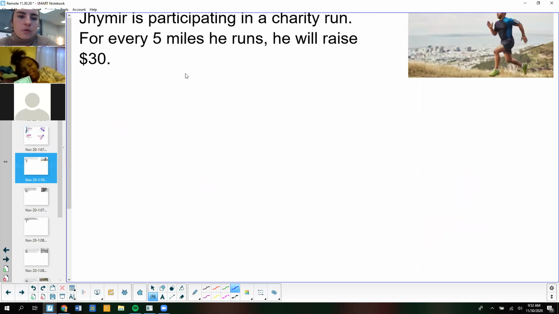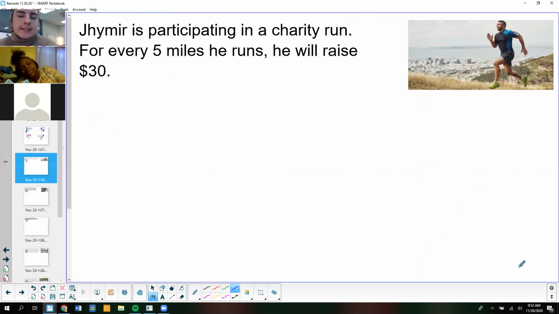All right, so I wanted to talk about real world applications. One of my favorite things to talk about in math is real world applications. So this says Jameer is participating in a charity run. I don't know if you guys have ever run a 5K before. For every 5 miles he runs, he will raise $30.